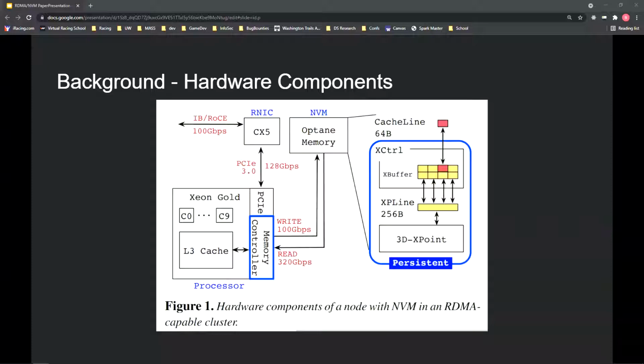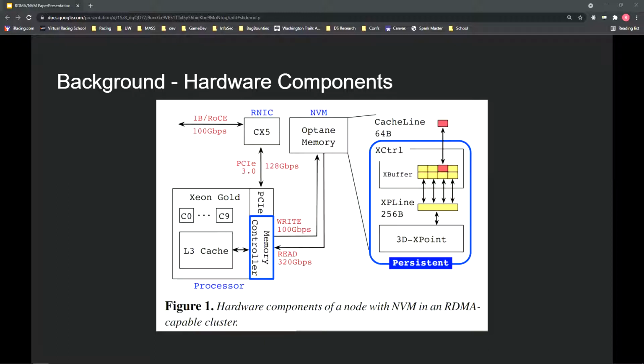The persistent section of this figure shows an exploded view of the NVM. Data is stored in NVM 3D X-point DIMMs, and the X controller transforms read-write requests from the processor or PCIe bus into read-write requests to the 3D X-point DIMM. The paper points out two important features of the X controller. Requests are received by the X controller in cache line granularity, which is 64 bytes.